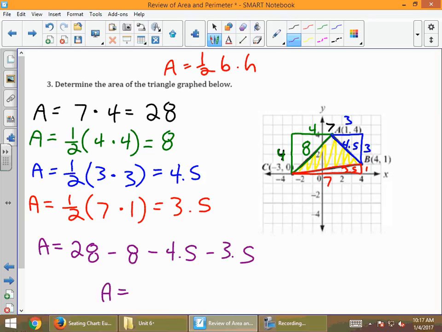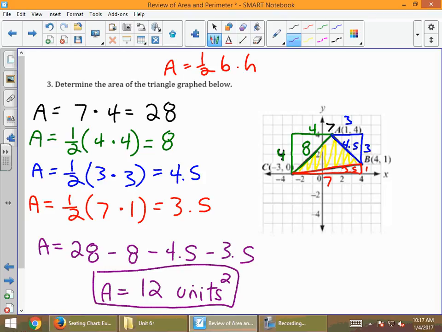So the area of this triangle is something units squared. So I do 28 minus 8 minus 3.5 minus 4.5. I get this number. This number is, Jacob, 16, 12. 12 units squared.